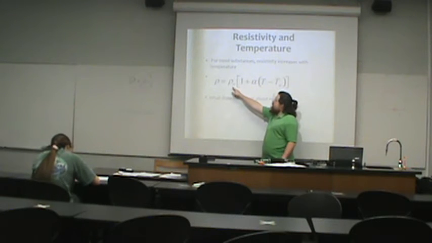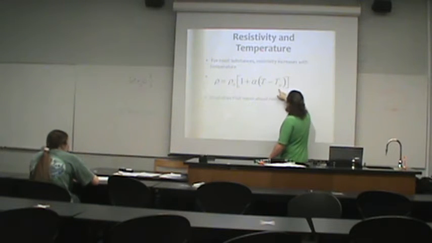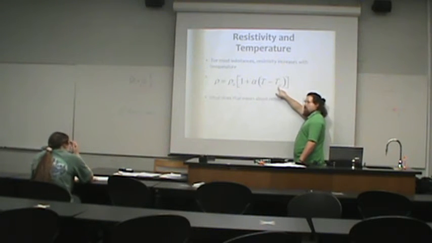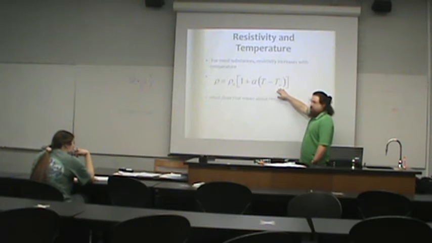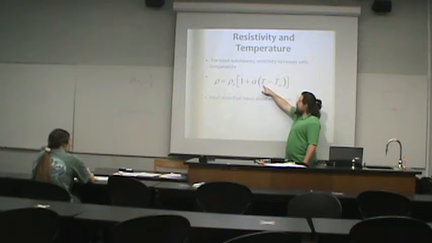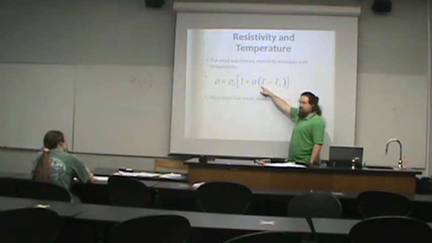The first is the sort of baseline resistivity at an established temperature. So this is resistivity prime at a prime temperature. And we adjust resistivity based on changes from that temperature.